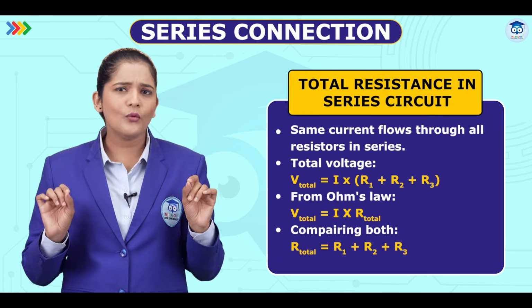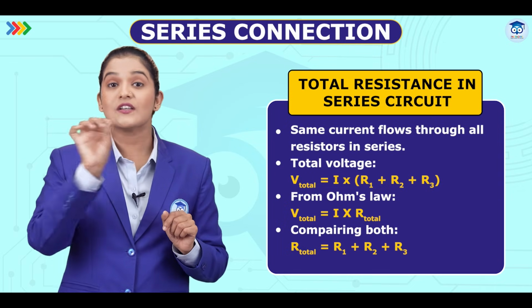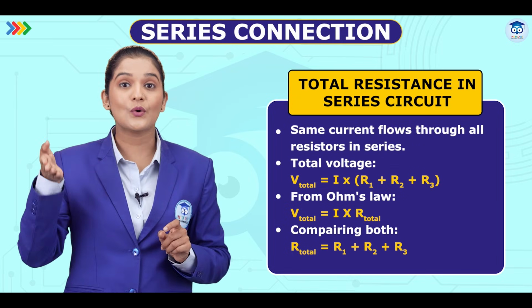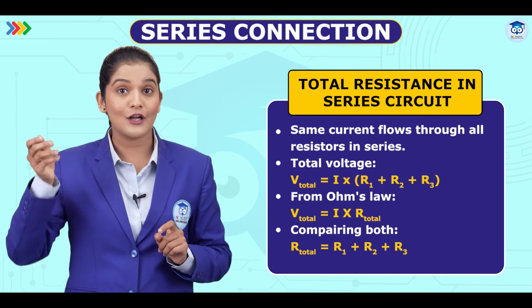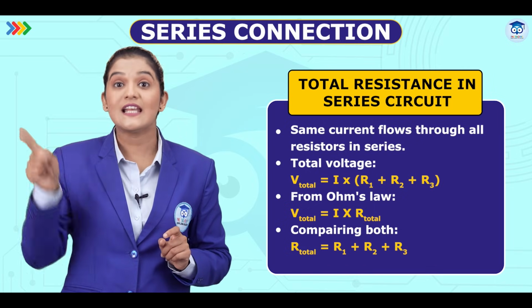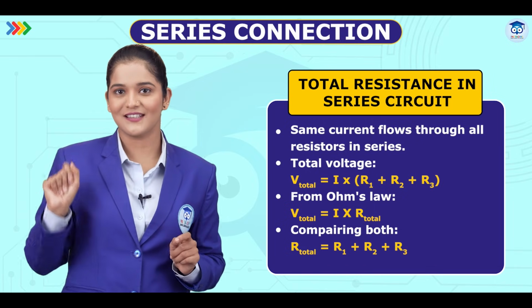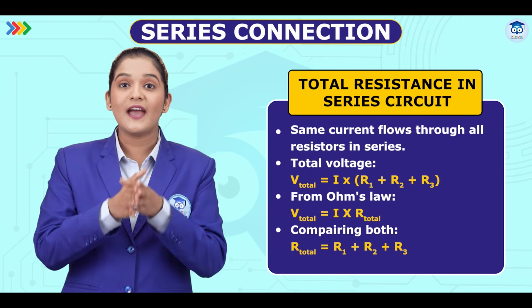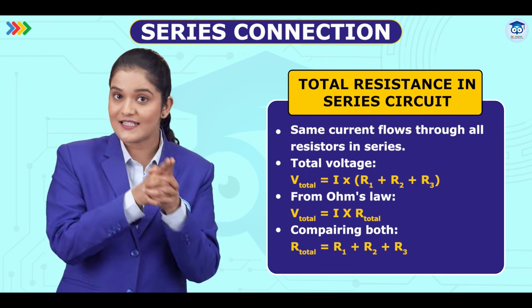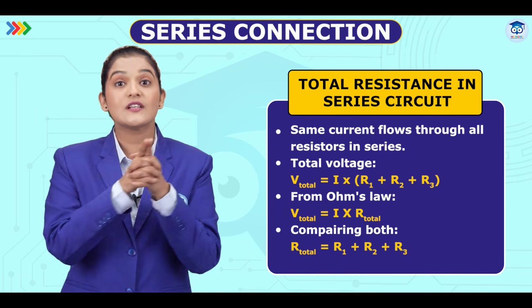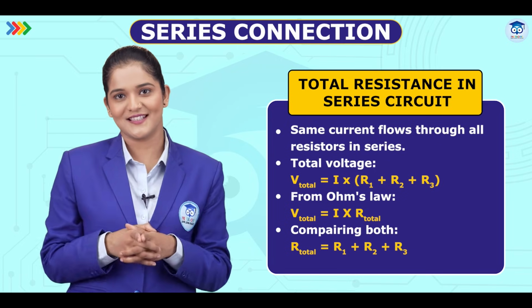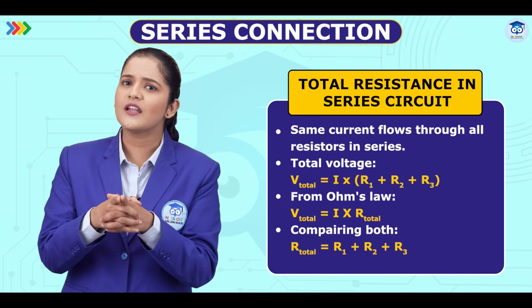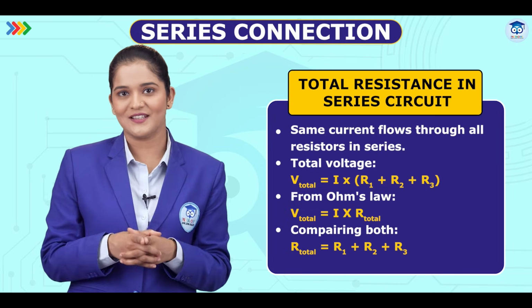Now, from Ohm's law, the total voltage across the entire circuit can also be expressed as V total equals I times R total, where R total is the total resistance of the circuit. Comparing this with our earlier expression, we find that the total resistance in a series circuit is equal to the sum of the individual resistances. Therefore, R total equals R1 plus R2 plus R3.